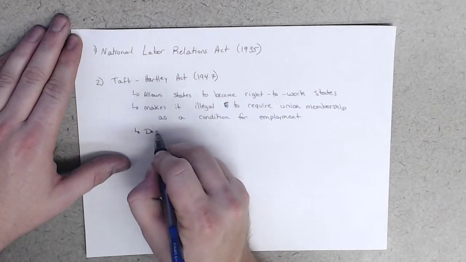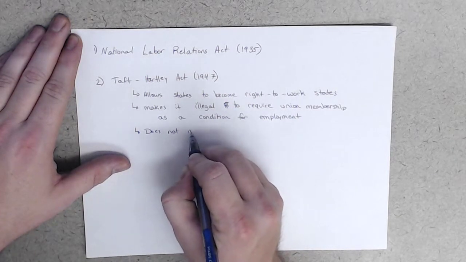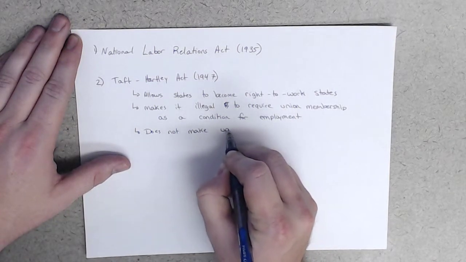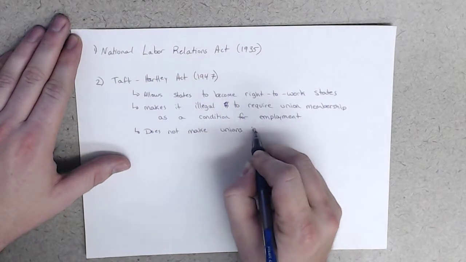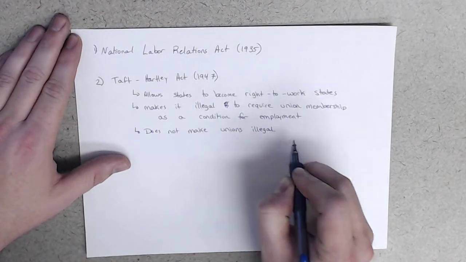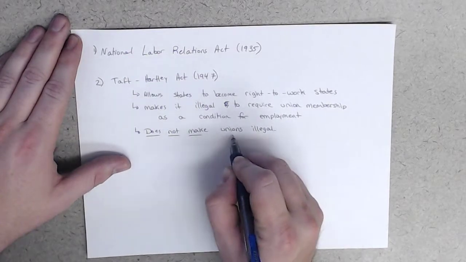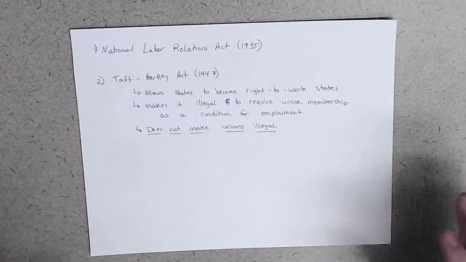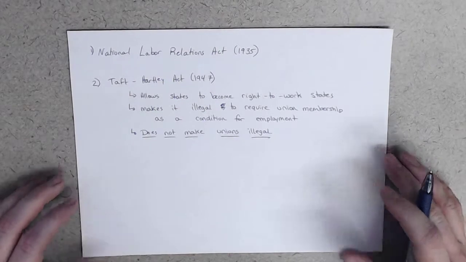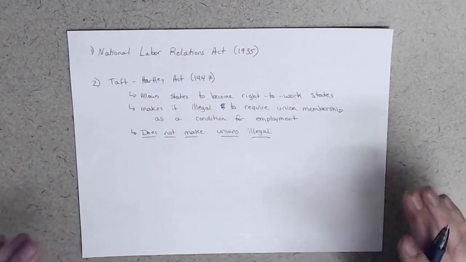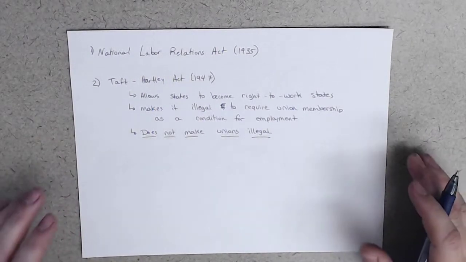It does not make unions illegal. Okay, so I want to emphasize that the Taft-Hartley Act in 1947 did not make unions illegal.